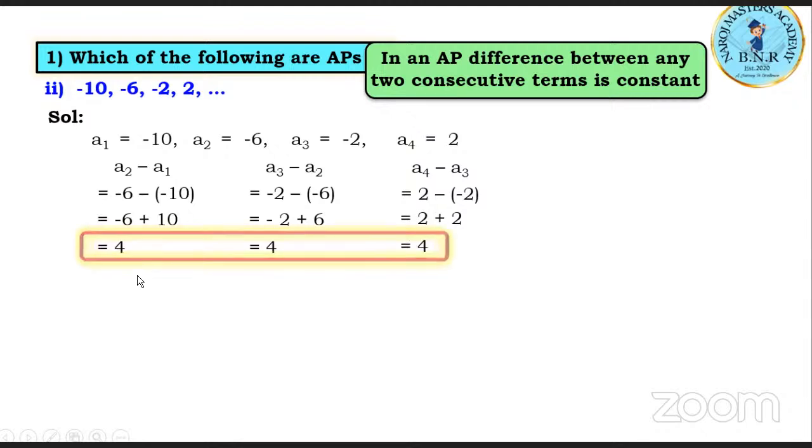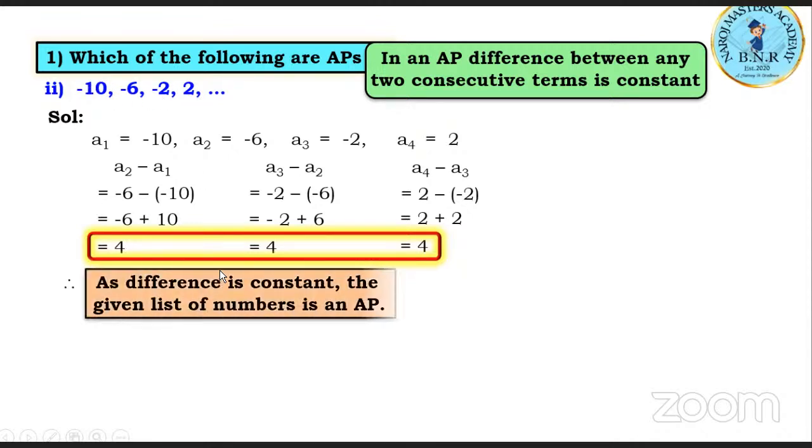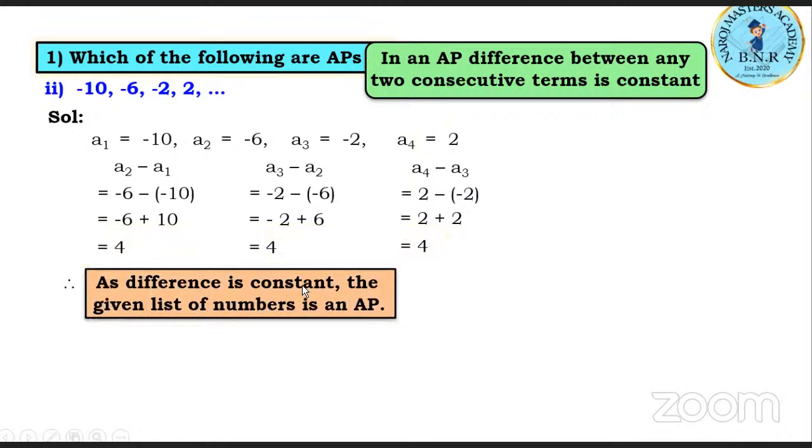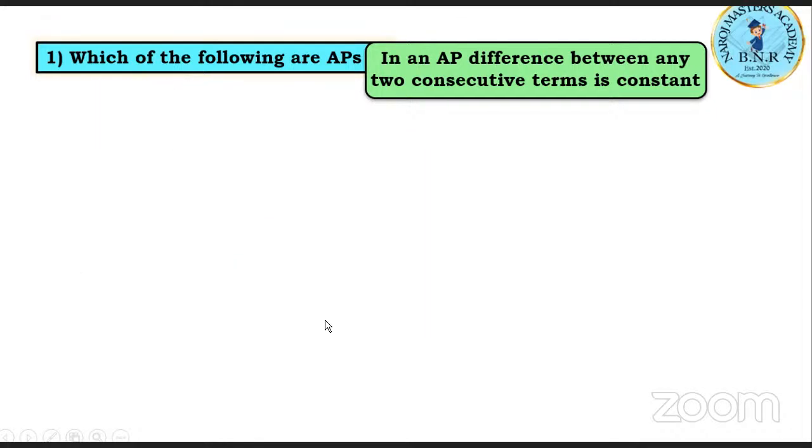Now you can observe that the difference of any two consecutive numbers is constant. So we can say that the series is arithmetic. As the difference is constant, the given list of numbers is an AP.